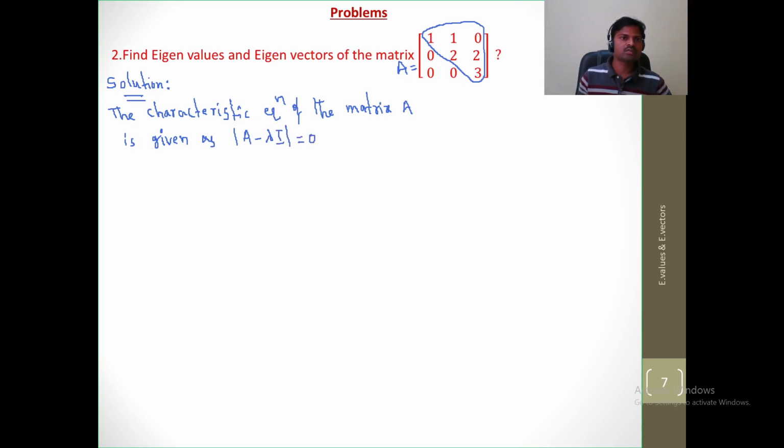This is the characteristic equation. So first you write the heading eigenvalues. I'm going to calculate eigenvalues. Eigenvalues can be obtained from the characteristic equation.